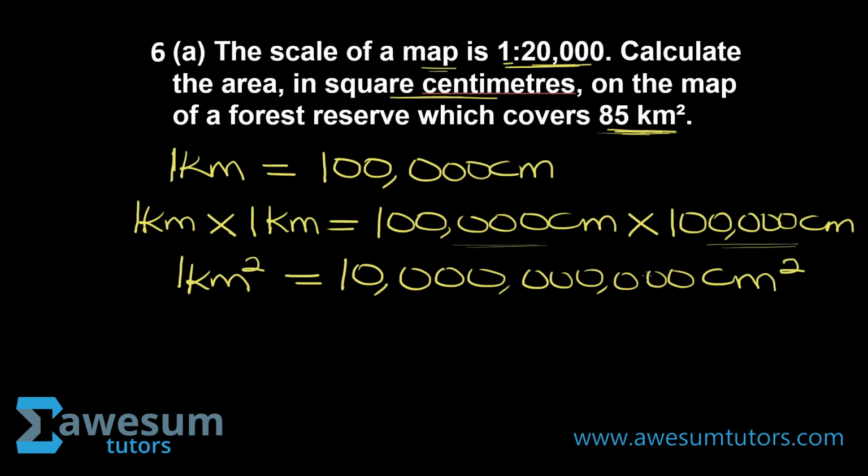We are getting somewhere right now. So right now you have been able to convert to know what 1 kilometer square is. 1 kilometer square equals 10 billion centimeter square. But take note that the first thing we are trying to do is to convert 85 kilometer square to centimeter square.